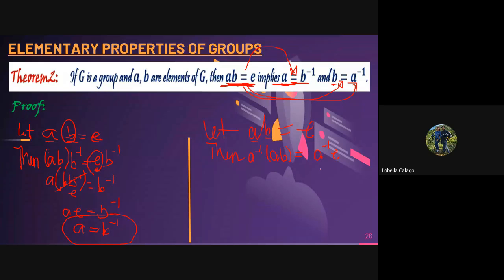And then, since it's a group, associative po siya. So, itong E, kakancel natin, kasi E naman yan. Ngayon, since ito ay equals to E, so meron tayong EB equals to A inverse.